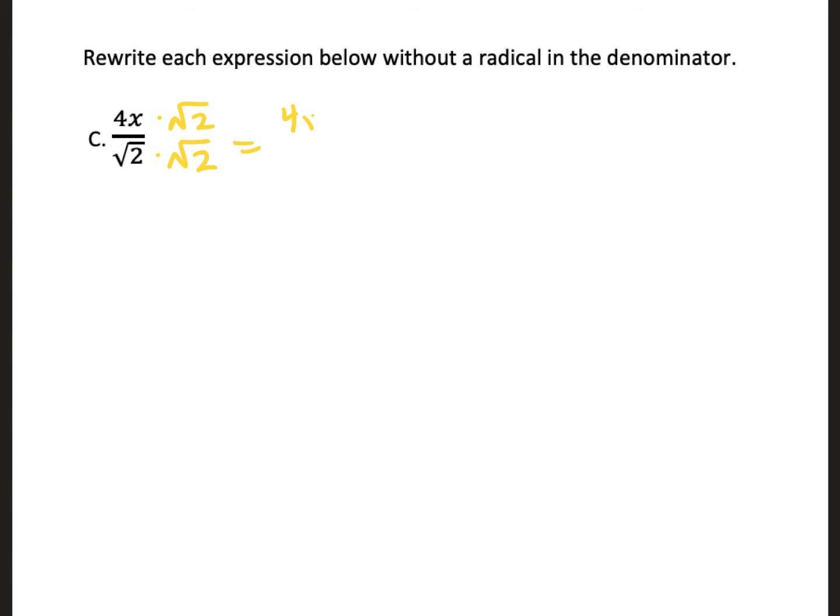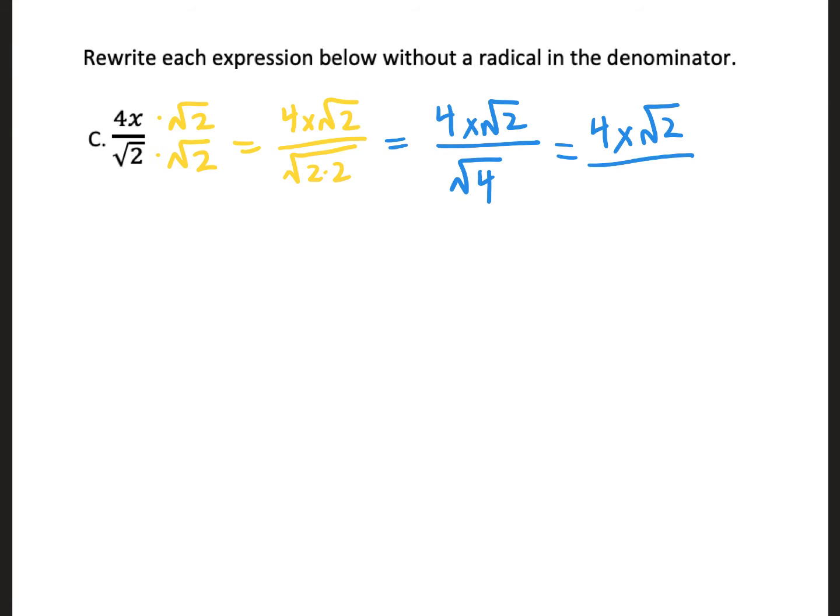We have 4x root 2. And then remember, if we do the square root of 2 times the square root of 2, you can move those 2's together so they're all underneath the square root. When I do 2 times 2, I get 4. So we have 4x root 2 divided by the square root of 4. And the square root of 4 is 2.